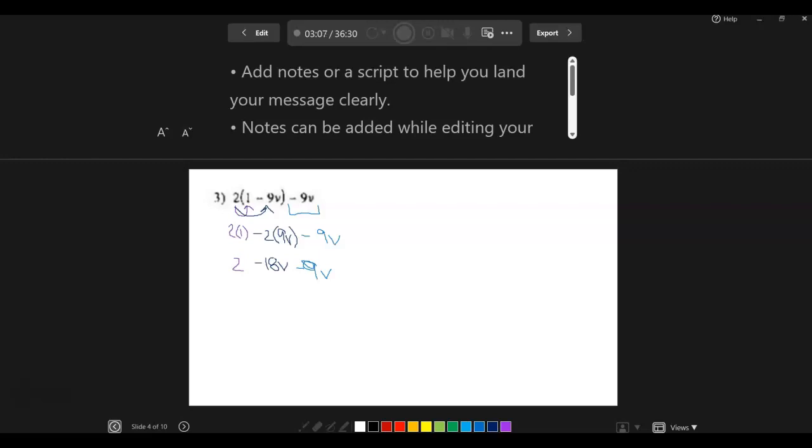Okay, now as we combine our like terms here, the 2 is over here by itself because there's no other solo numbers. So we're going to leave the 2 there. And here are our like terms, but we got to keep the signs with the numbers. So we're going to look at this as a negative 18v minus 9v. So think about it.